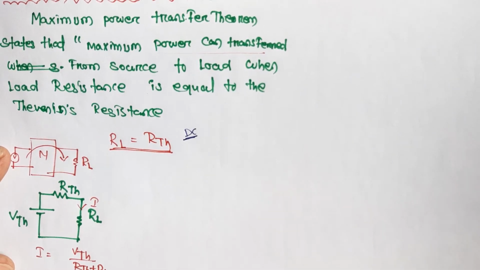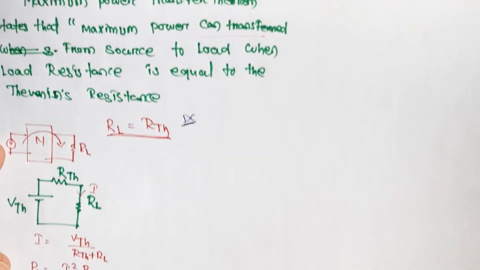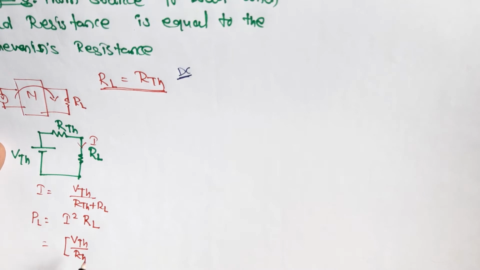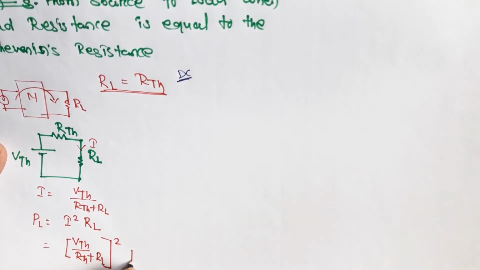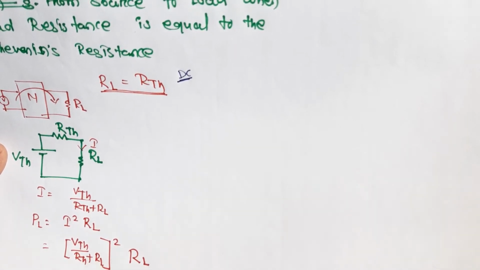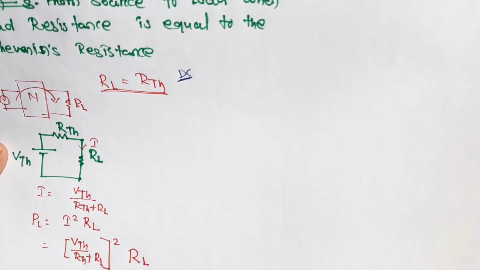When you put this I value in it, we get PL equal to VTH divided by (RTH plus RL) whole square, into RL.